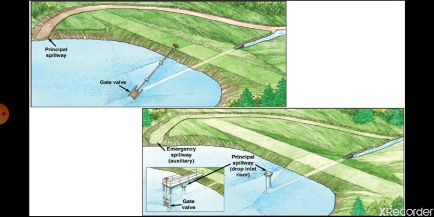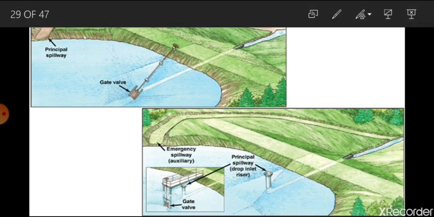Say this is another view. Here is the reservoir and this is the main outlet. When this reservoir reaches its maximum level, the excess amount of flood will pass through here to this channel. Similarly, it is also well connected with the drop inlet or some gate wall.